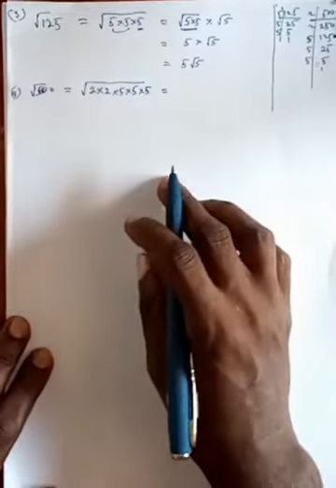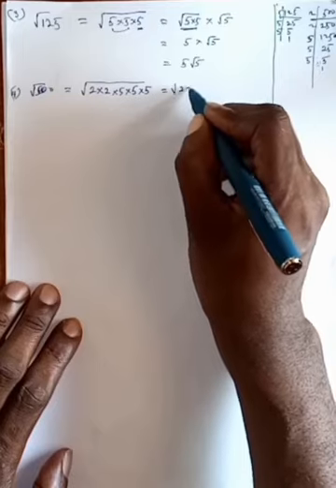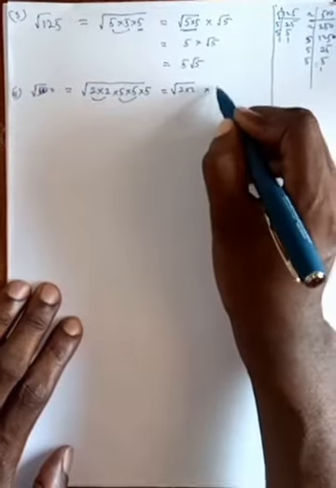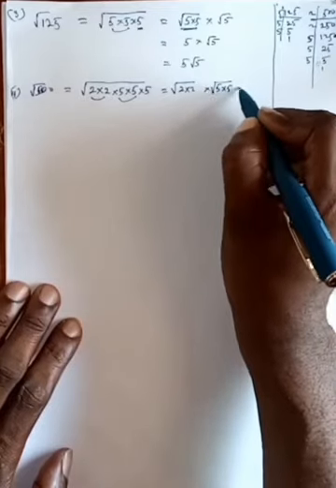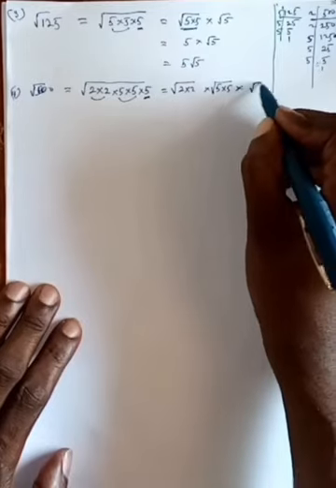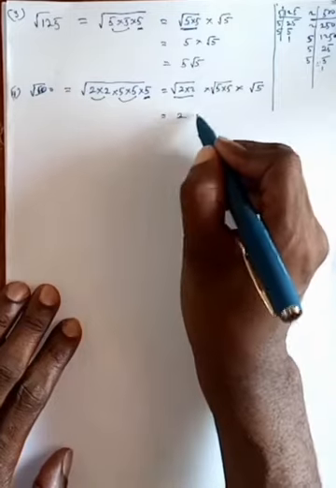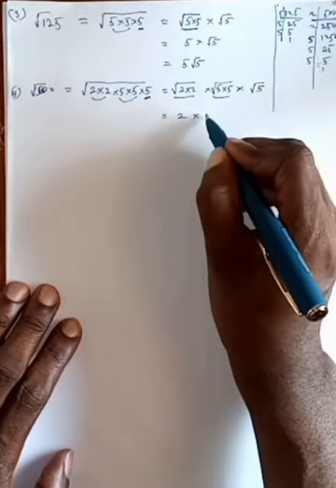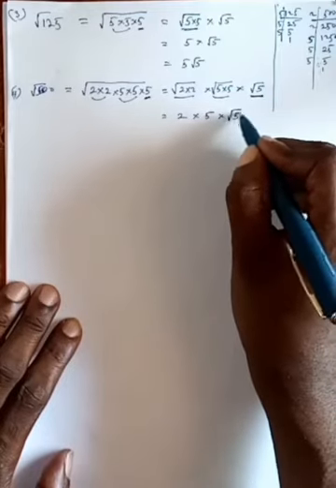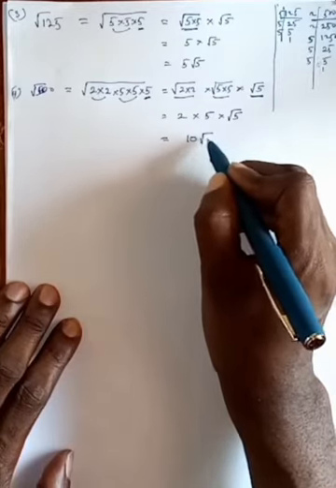The next thing is to group these numbers. So grouping in twos becomes 2 times 2, that is this and this, multiplied by 5 times 5, multiplied by, since I'm left with only one number, only that number will maintain the final root. The result of this one becomes 2, the result of this one becomes 5, while this one has no result other than to write it as root 5. And finally the result is 10 root 5.